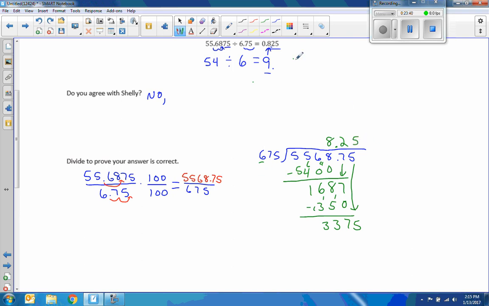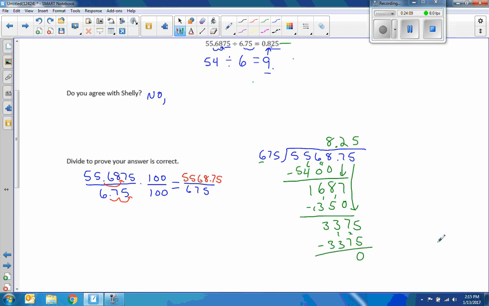So if you look up here, that's what they have here. And 5 times 5 is 25. Carry the 2. 5 times 7 is 35, plus 2 is 37. And that's a carried 3, not a whole 3. So I'm going to fix that. I just want to carry that 3. 37. 5 times 6 is 30, plus this 3 is 33.